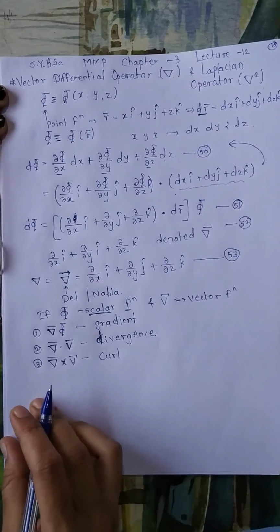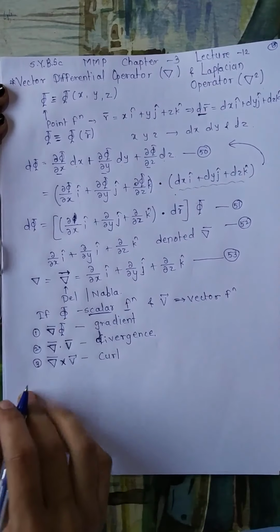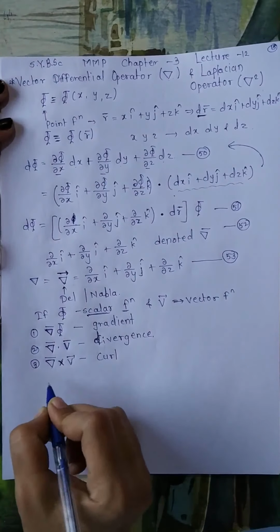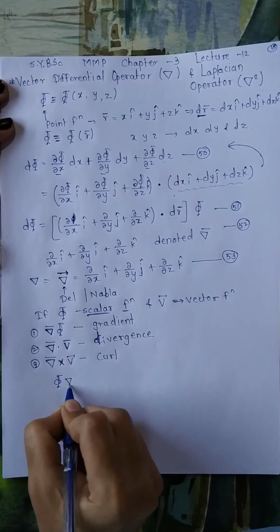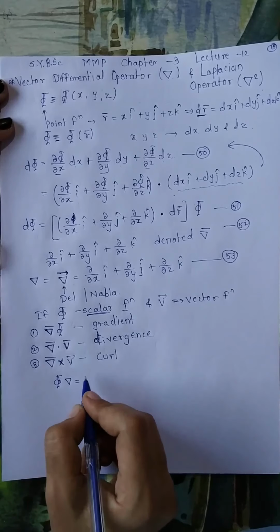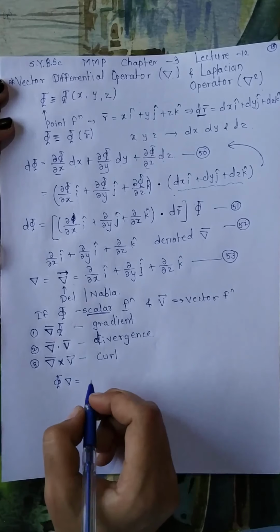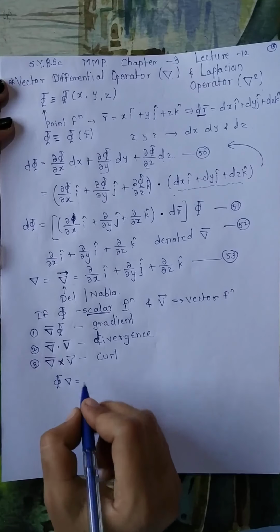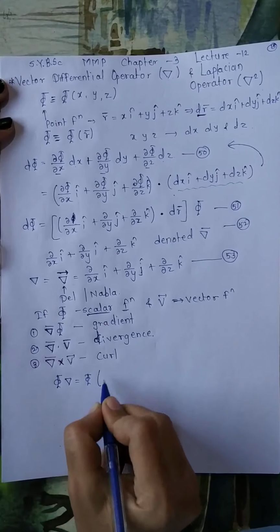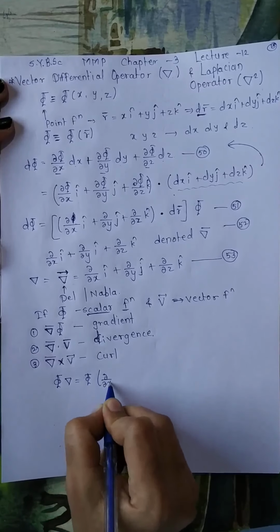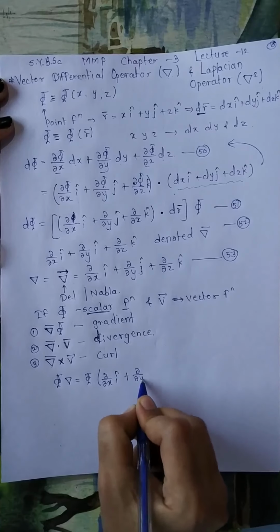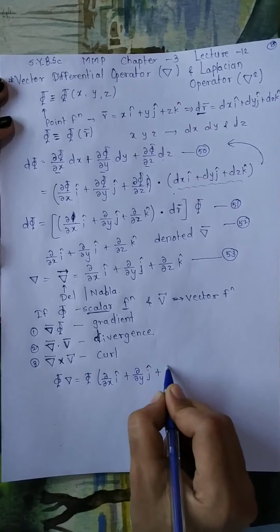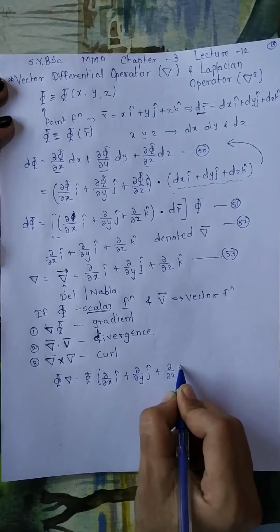Now, if this del is multiplied on the left side of any function, for example phi, then it will still remain an operator, and this phi is a scalar function. So we can write it this way: phi dou by dou x i cap, phi dou by dou y j cap and phi dou by dou z k cap.